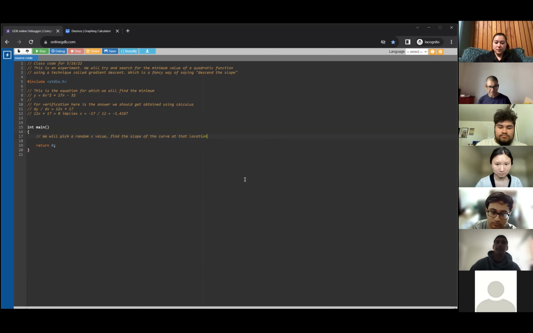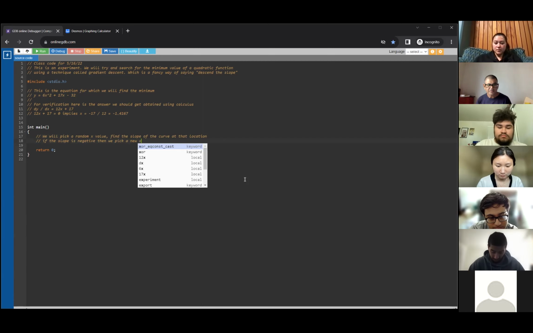If the slope is negative, then we pick a new x value slightly to the right.